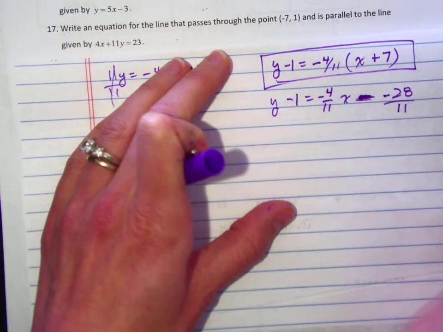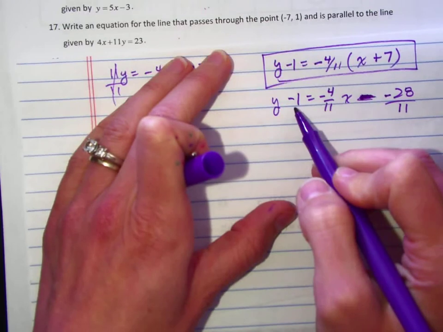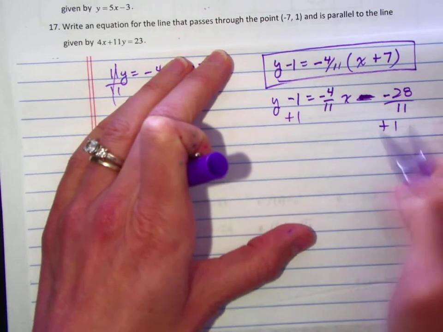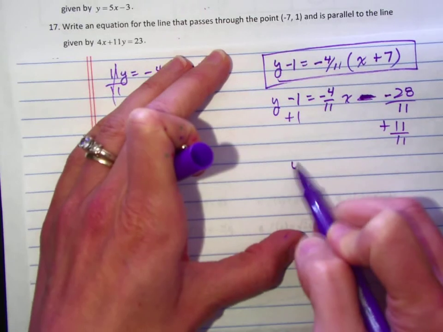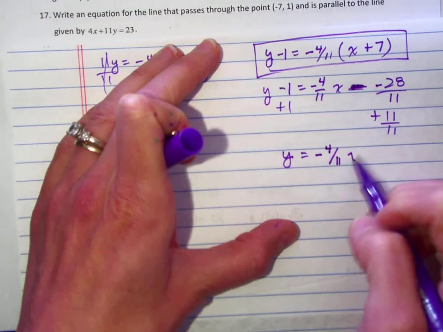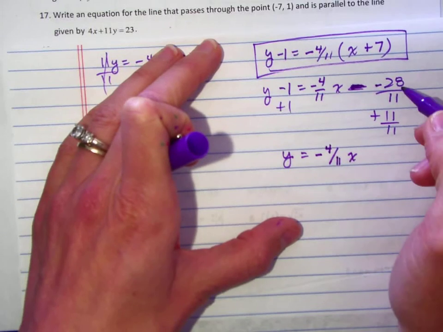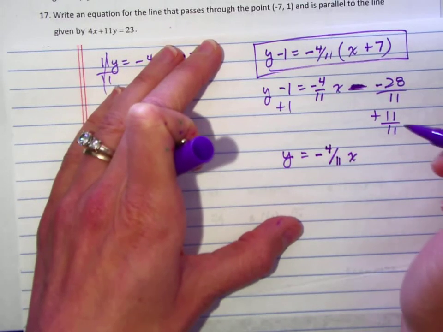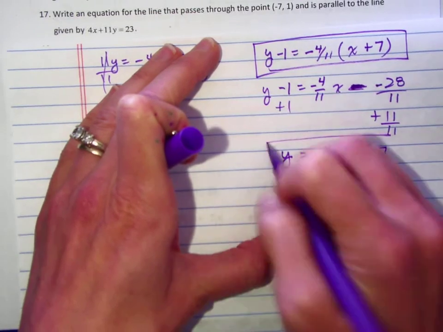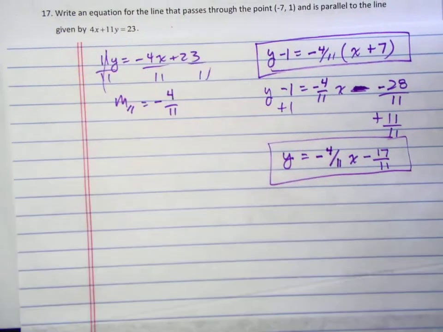You multiply the top, 7 times 4, 28. I'm adding 1 to both sides, but 1 is the same thing as 11/11. So this becomes y equals negative 4/11 x, and negative 28 plus 11 is going to be negative 17/11. All right, so this would be slope-intercept form.